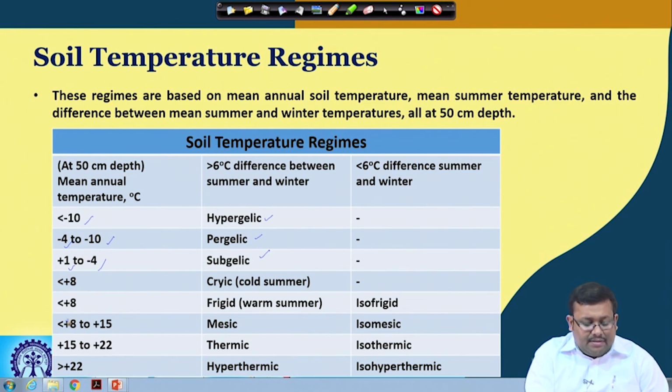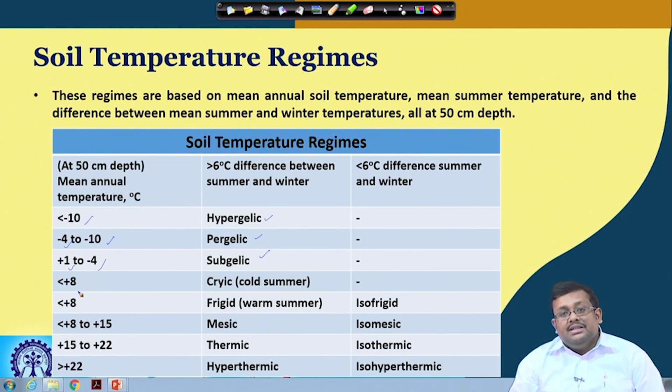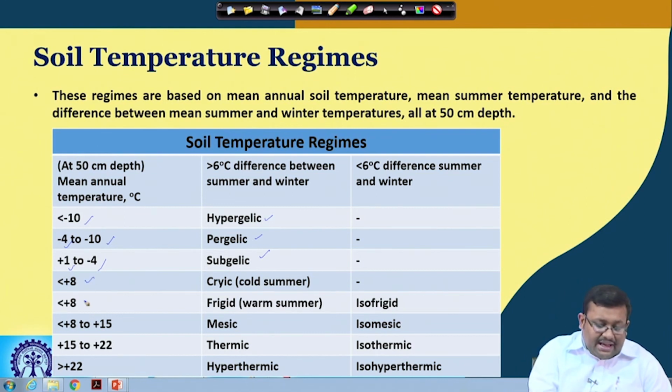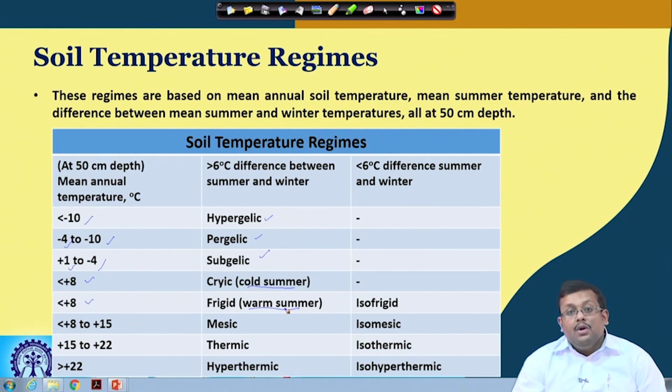Cryic is basically a temperature regime when the mean annual temperature is less than 8 degree Celsius, and frigid is also a temperature regime where the mean annual soil temperature is less than 8 degree centigrade. The difference between cryic and frigid is that cryic is characterized by cold summer, whereas frigid is characterized by warm summer.